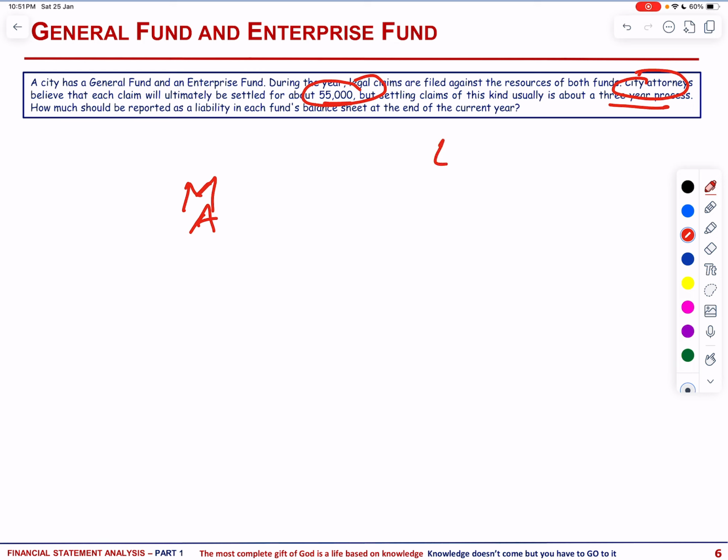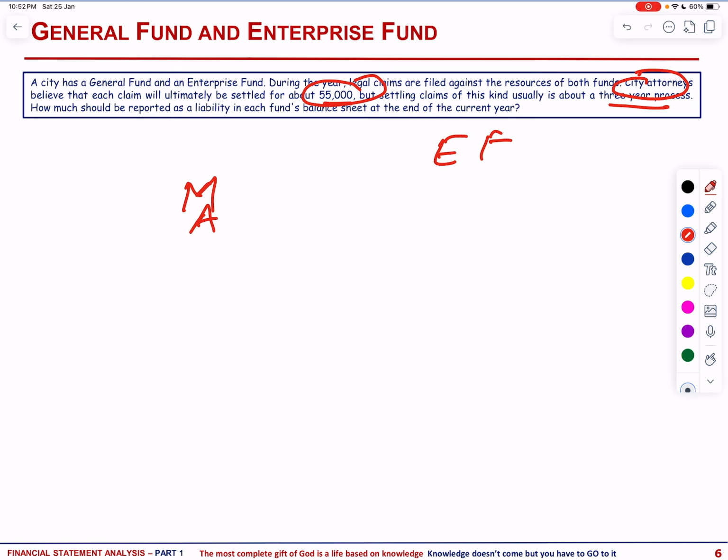Coming to enterprise funds, that uses accrual basis of accounting, a liability should be recognized when it is incurred, regardless of when the settlement occurs. Now, in this case, since the claim has been filed and the amount of each claim is measurable and likely to be settled for 55,000, the liability should be recognized for the entire amount.